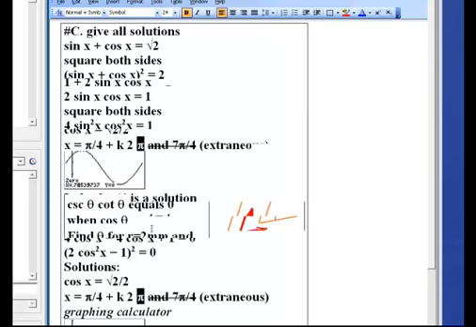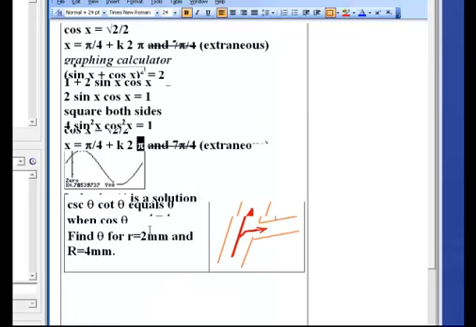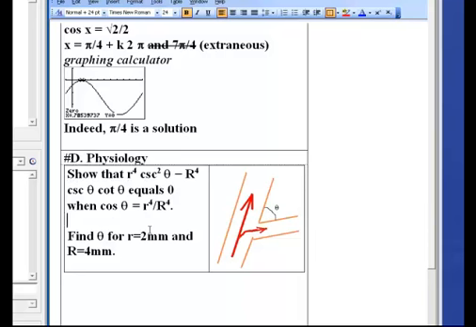One more problem. This one says, in the human body, the value of theta that makes the following expression 0, and this is the expression r to the 4th cosecant squared minus r to the 4th cosecant times cotangent, is the angle at which an artery of radius lowercase r will branch off from a larger artery of radius uppercase r in order to minimize the energy lost due to friction.